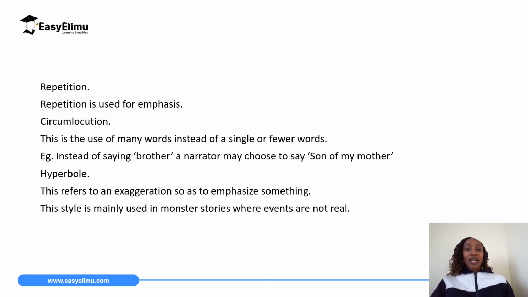So maybe you're talking about a hyena that has attacked a house where people live, and you say how it pounced onto the roof and brought the roof down and brought all the windows down. You emphasize with exaggeration how bad that attack by the hyena was. So it is important. It is also for that emphasis, and also makes the story more interesting and makes your audience more curious to listen to you.